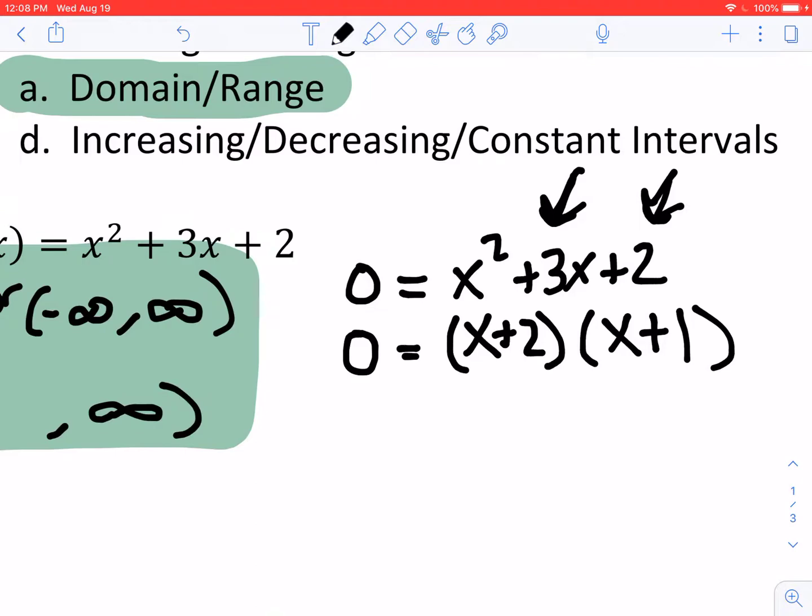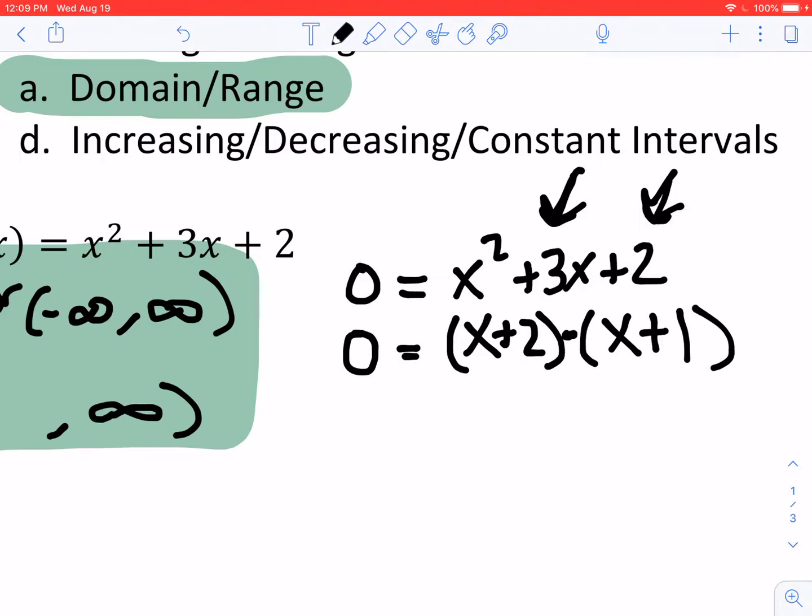So a lot of you probably remember how to do this, but I'll go through it in detail. If you have a factored quadratic, so x plus 2 times x plus 1, what we are saying here is that x plus 2 times x plus 1 is equal to 0.